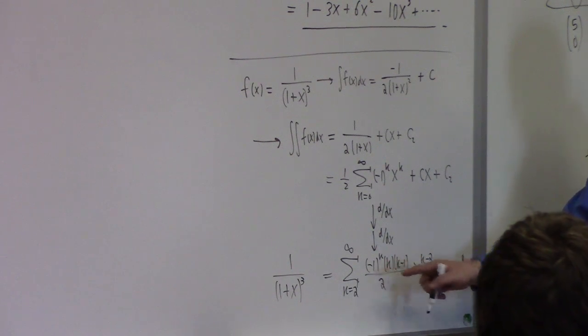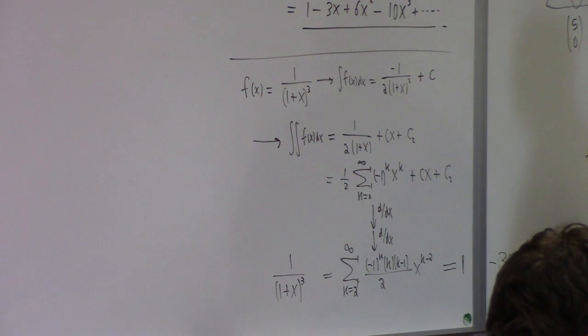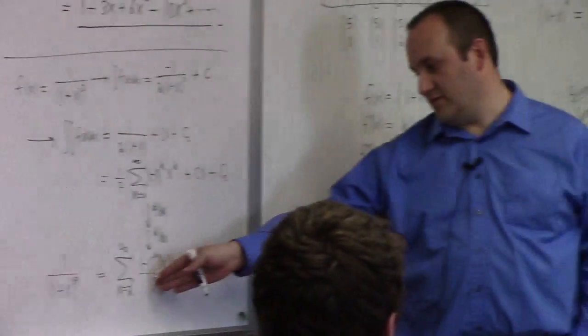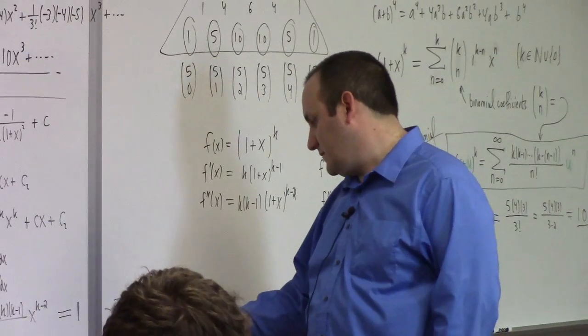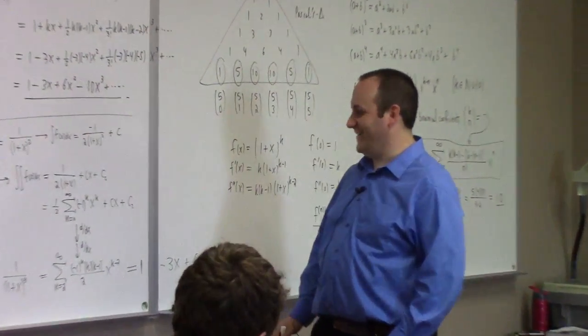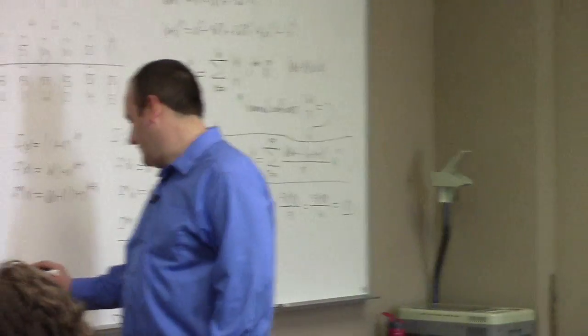That's a minus 3x. And then plug in k equals 4: 4 times 3 over 2 is 6. All right. I believe we're good.